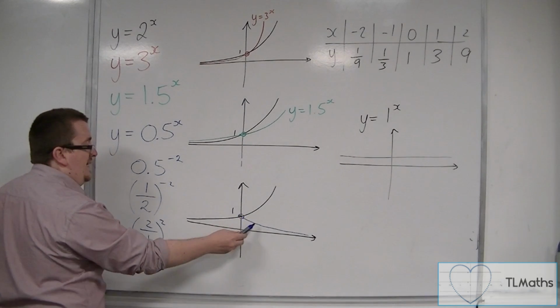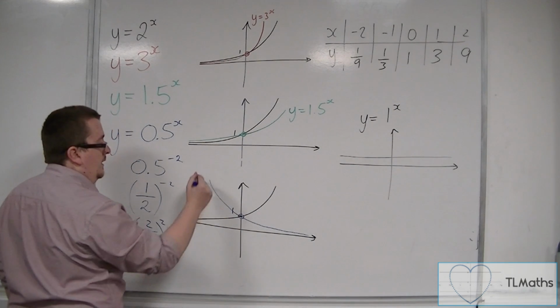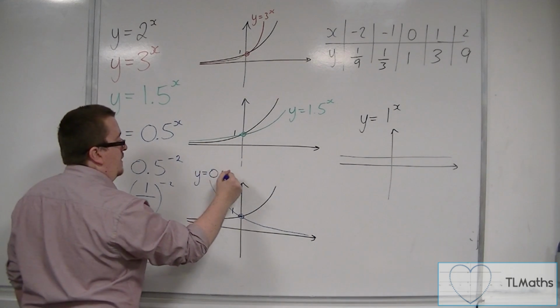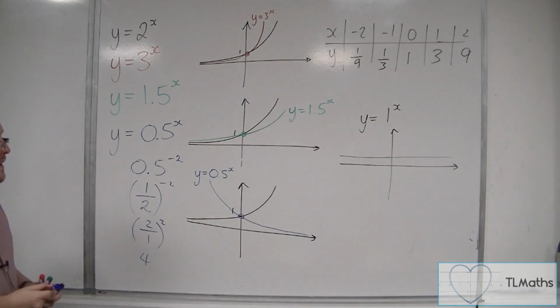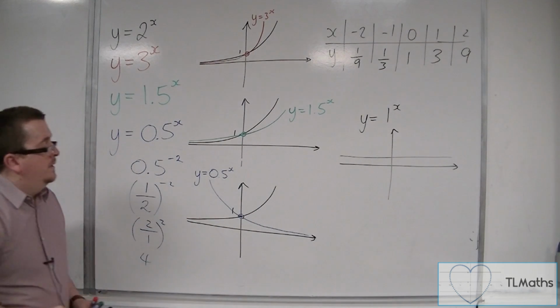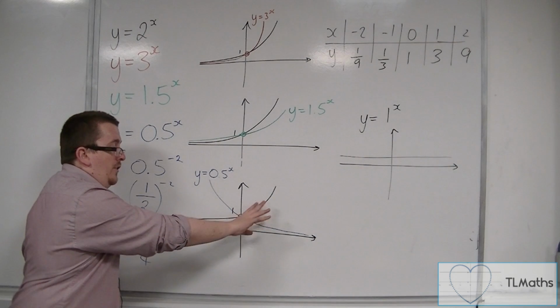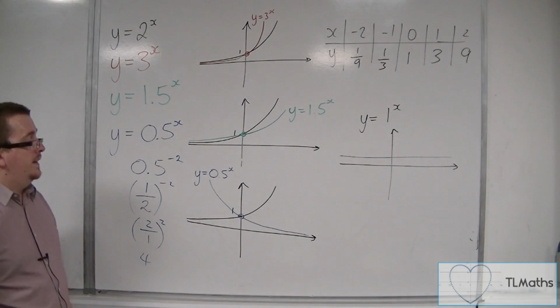And so the curve is increasing to the left of the y-axis. So this would be y is equal to 0.5 to the x. And in fact, this is a reflection in the y-axis between y is equal to 2 to the x and y is equal to 0.5 to the x.